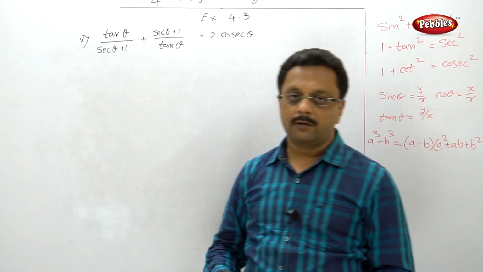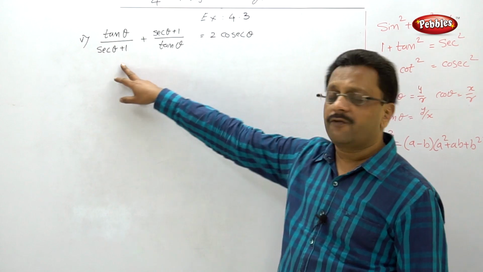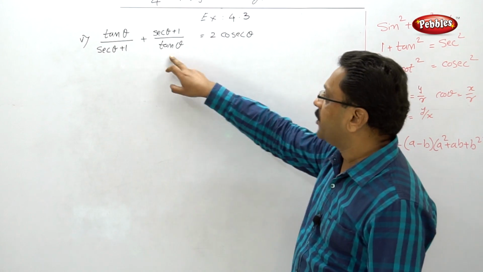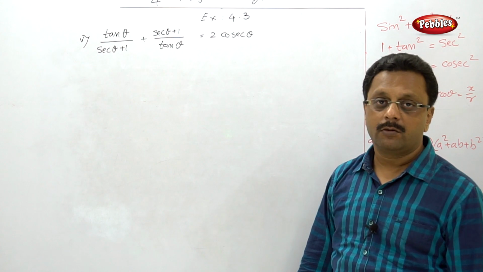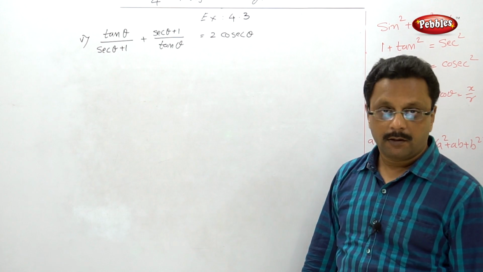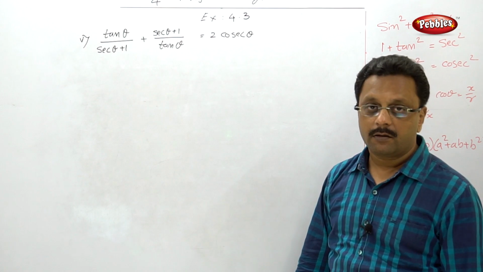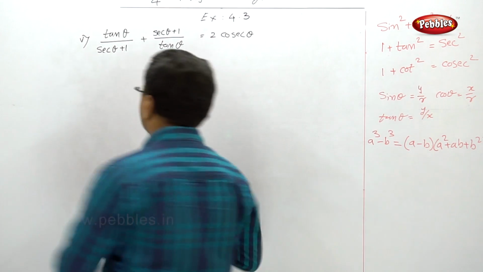Now how will you solve this? Very simple. Start from the left hand side. Okay, first cross multiply, that is a upon b plus c upon d is equal to ad plus bc upon bd. Let us do that.